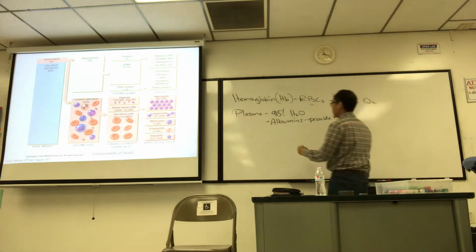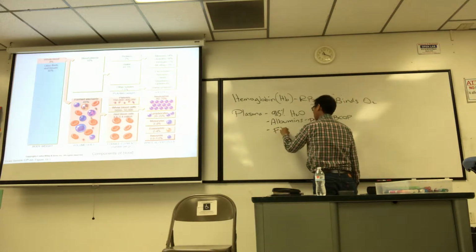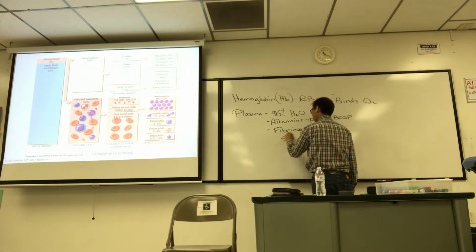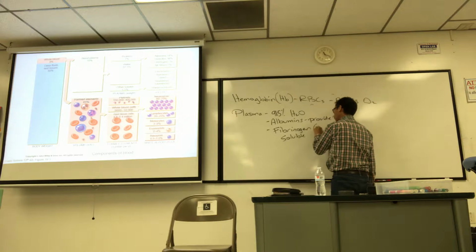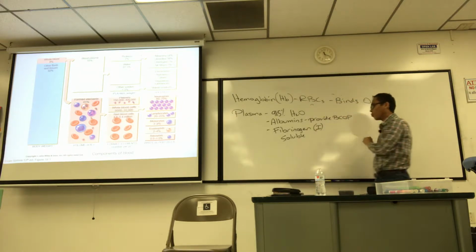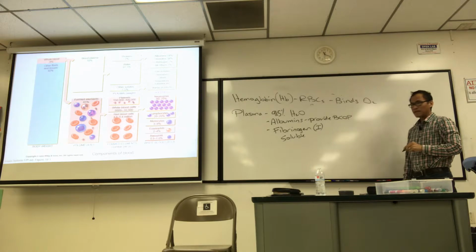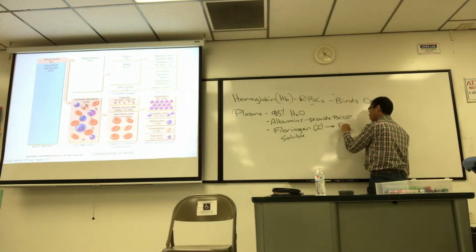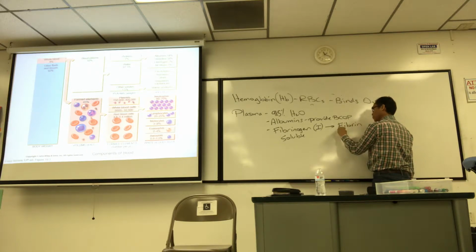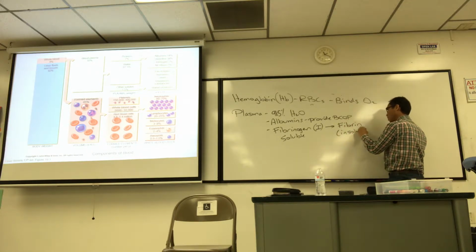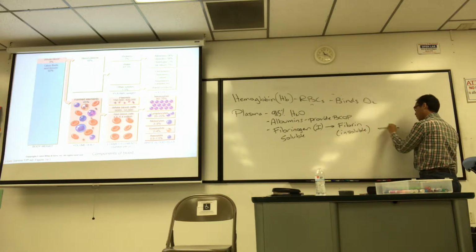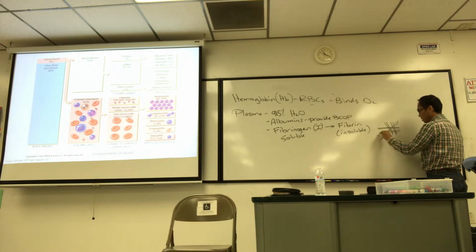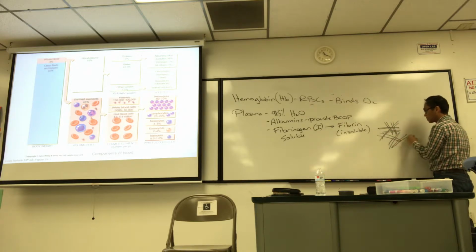And then they list fibrinogen. Fibrinogen is the soluble form of clotting factor number 1, Roman numeral 1. And if you have a damaged blood vessel and you need to stop the bleeding, fibrinogen can come out of solution and form an insoluble fibrin and create all these fibrin threads. It creates this mesh, like a fisherman's net that catches blood cells.